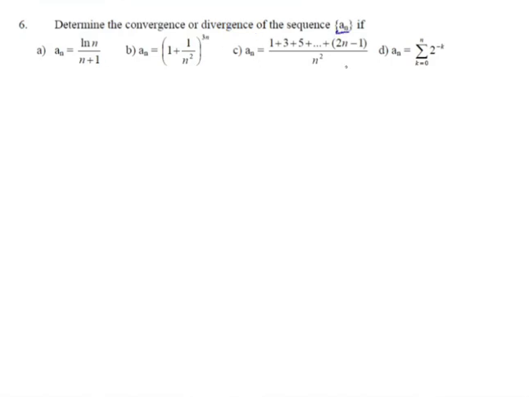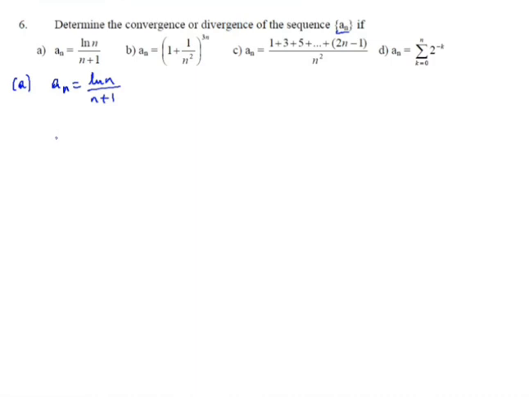Okay, it says determine the convergence or divergence of these sequences. So we take each sequence and see whether it converges or diverges. For example, the first part is ln n over n plus 1. Does it converge or not? We calculate the limit.